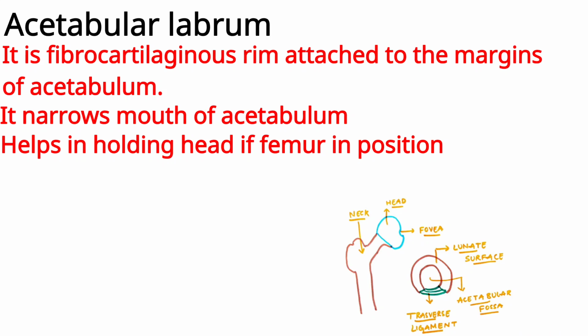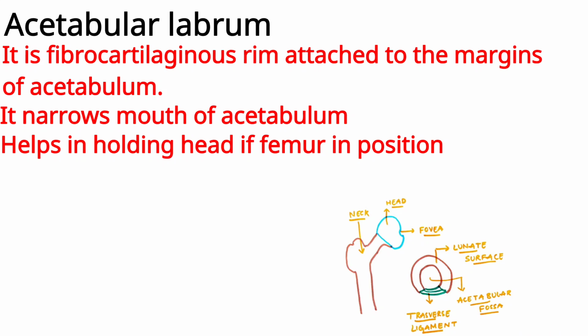Now let us see each one in a little bit of detail. So let us start with the acetabular labrum. What is an acetabular labrum? An acetabular labrum is nothing but a fibrocartilaginous rim, made up of elastic or collagen fibers and cartilage, and it forms a rim around the circumference of the acetabulum and forms the margin of it.